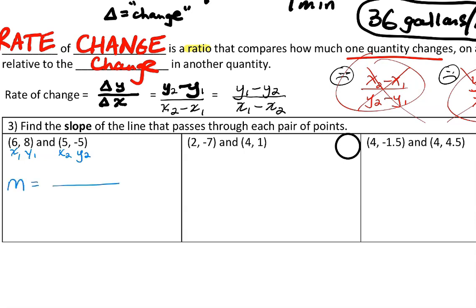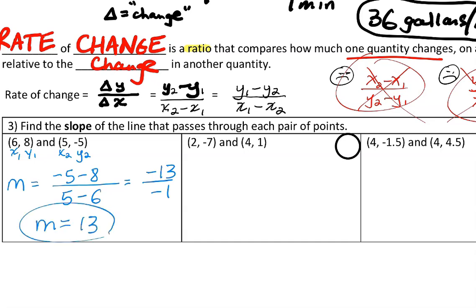So if we did y2 minus y1 divided by x2 minus x1, that would be negative 13 over negative 1. So our slope would be 13. Now there are no units here, but this would be the change in y over the change in x is 13, or 13 over 1, but we'll leave it as 13.